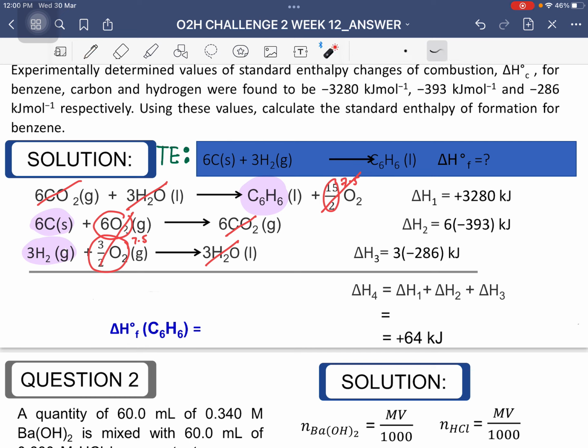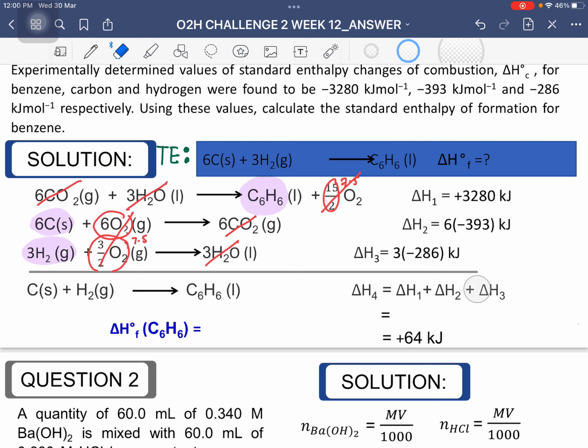Therefore, once we have successfully canceled the unnecessary items and we already have our target equation, we rewrite the whole equation and sum up the enthalpies of each equation.